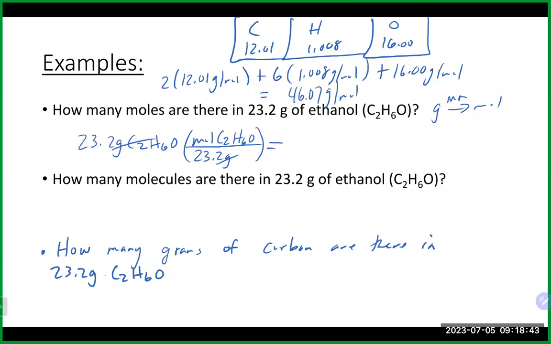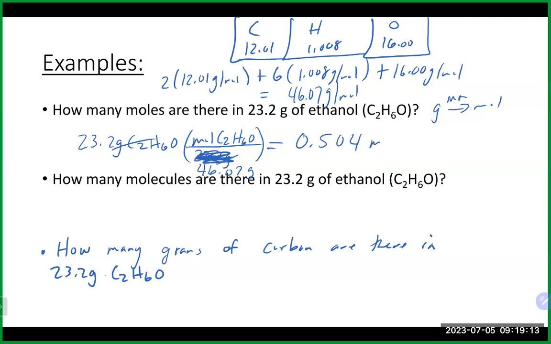I feel like I wrote the same number in both spots, which clearly doesn't seem right. So let's use the actual molar mass we calculated, 46.07 grams there on the bottom. Seems much better. There you go.